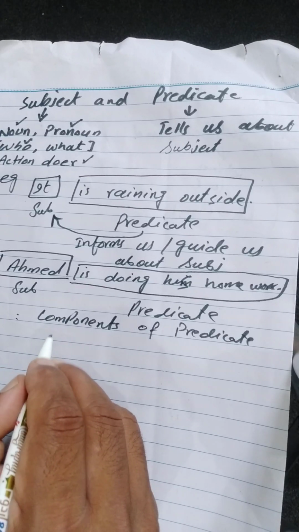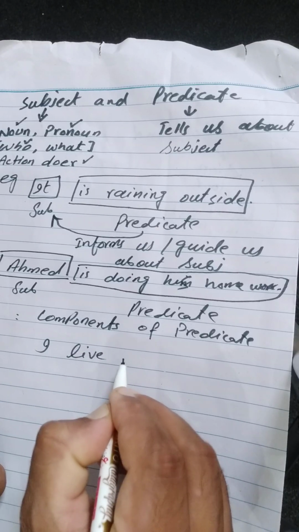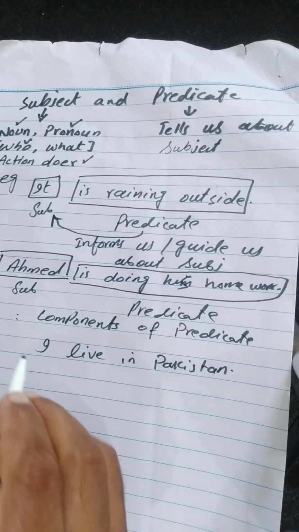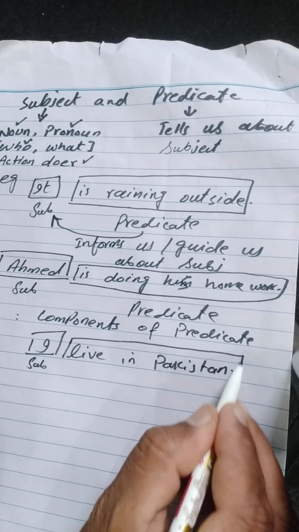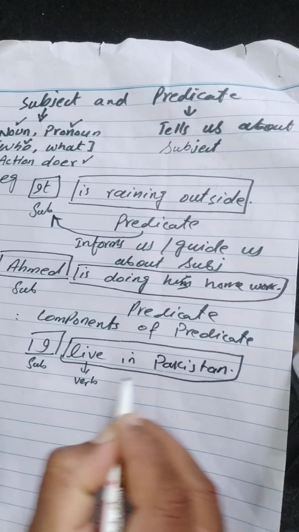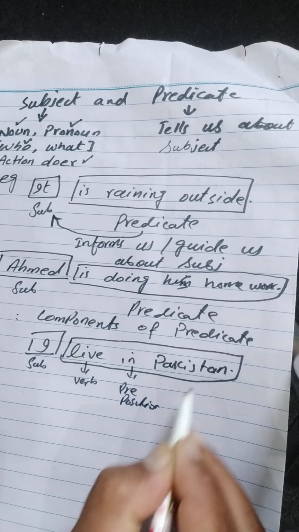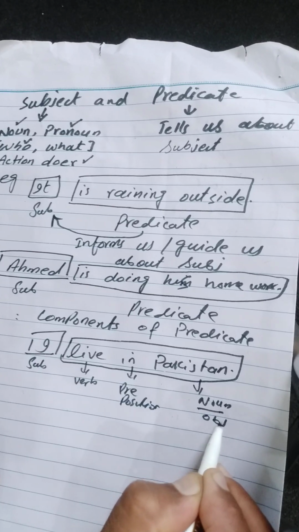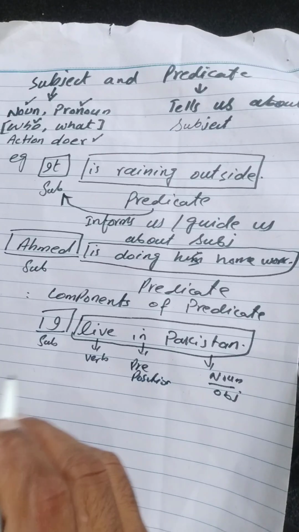For example, I live in Pakistan. So this is subject and this is predicate. So here look at this, it is a verb, it is a preposition, and it is a noun as well, which comes on object position. So except other than subject, there is a whole predicate.